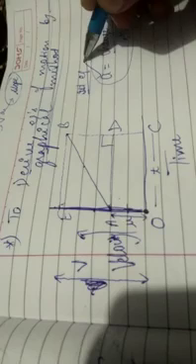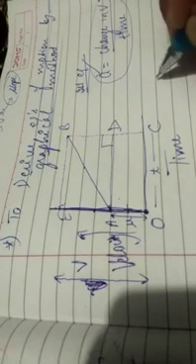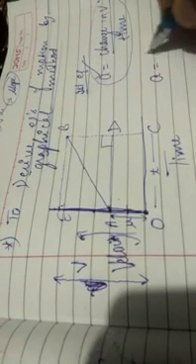So for finding slope, we need a right angle triangle. Let me draw here. This is 90 degree. Let this be D point. Now I need to find acceleration. Now acceleration is equal to slope of a VT graph. Is it?